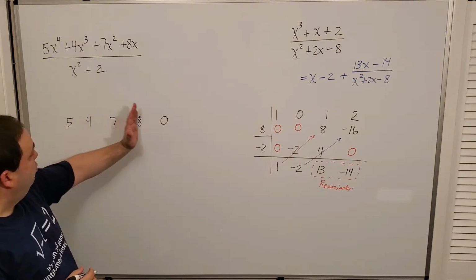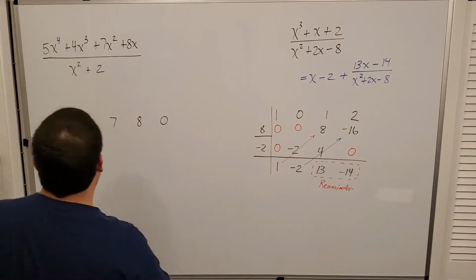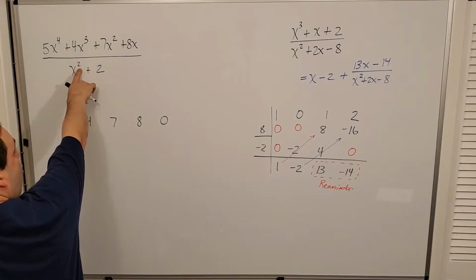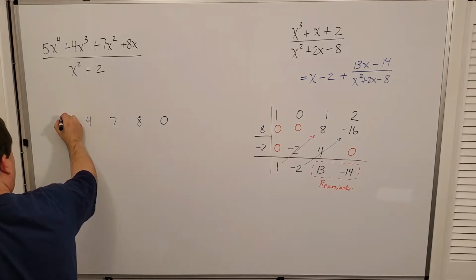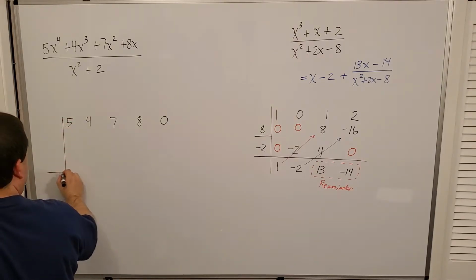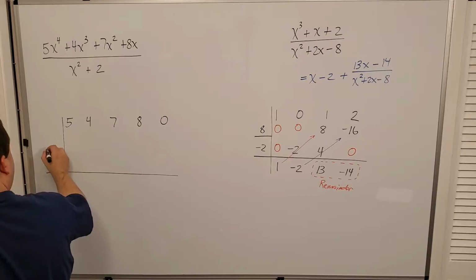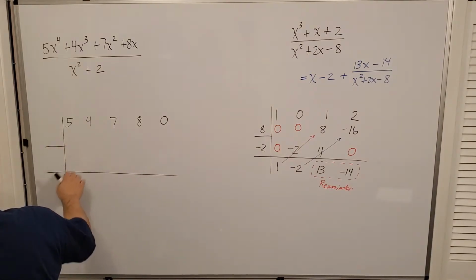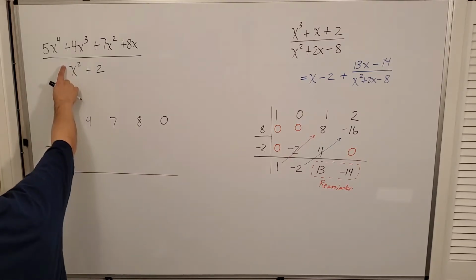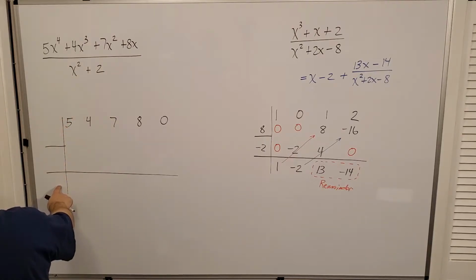It should count down, right? 4, 3, 2, 1, none. Since this is x squared, I should expect 2 boxes. So I draw my line, right? And I separate it. So I have 2 boxes. Okay, I would put my little division rule here if I needed one, but there's just a 1 in front of the x squared here, so I don't need the division here.